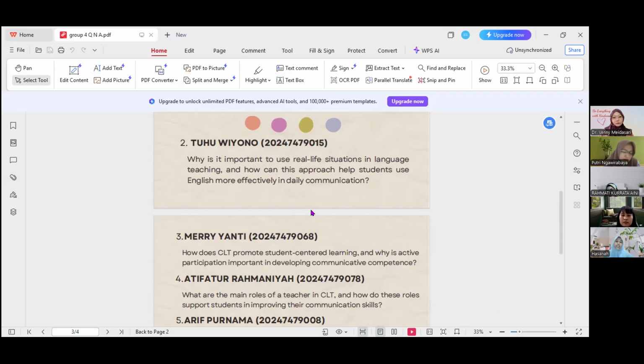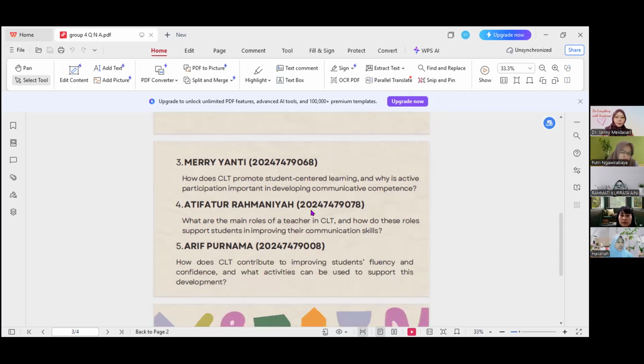For the third question and fourth will be answered by Miss Esther. Okay, thank you, Miss Anna. I will answer Marianti's question. How does CLT promote student-centered learning? And why is active participation important in developing communicative competence? I will try to answer.